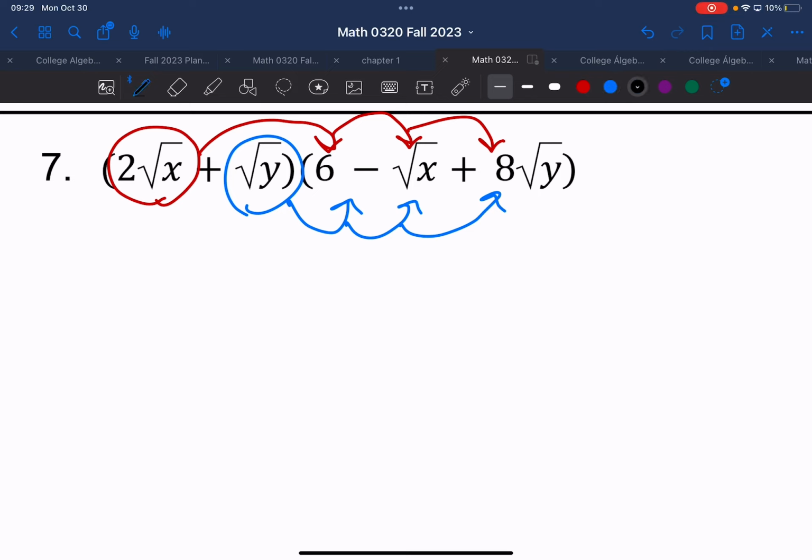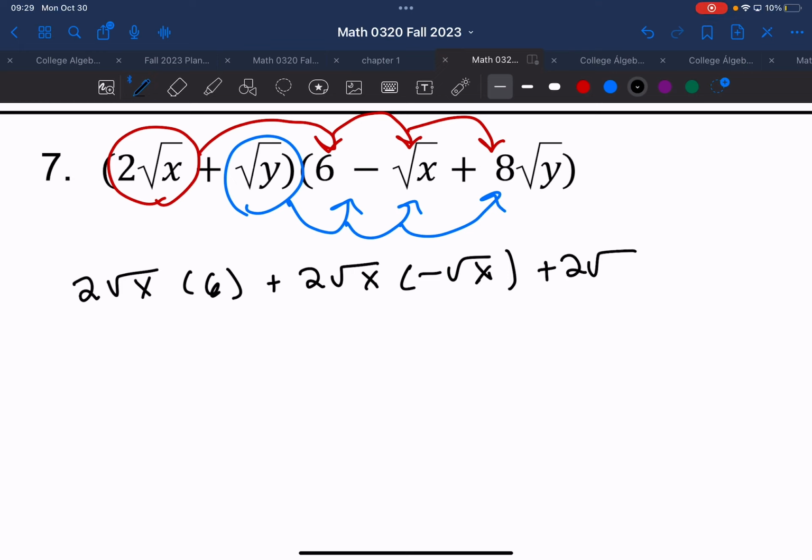So writing this out, I have 2 square roots of x times 6, that's the first term, plus 2 square roots of x times negative square roots of x, second term, plus 2 square roots of x times 8 square roots of y. So that's distributing everything in red.